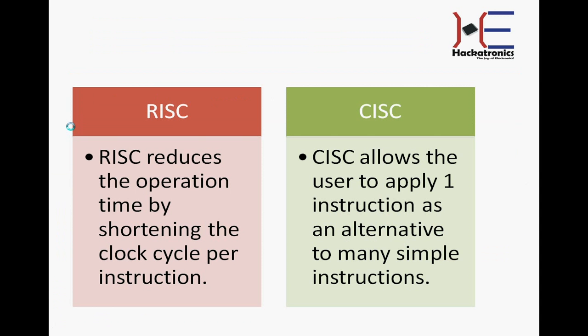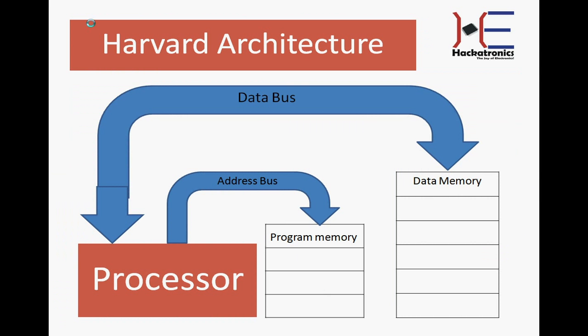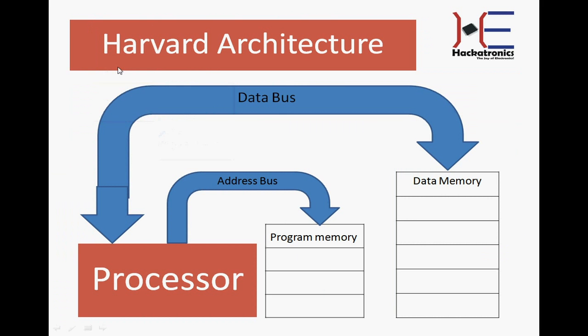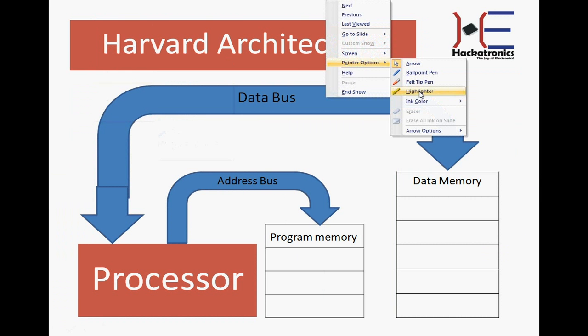Remember, earlier I told you that on the basis of memory architecture, processors or controllers are classified into two, that is Harvard architecture and von Neumann architecture. First we will study about Harvard architecture. Since Harvard architecture was developed by Harvard University, that's why it is known as Harvard architecture. You can see few new terms in the diagram.